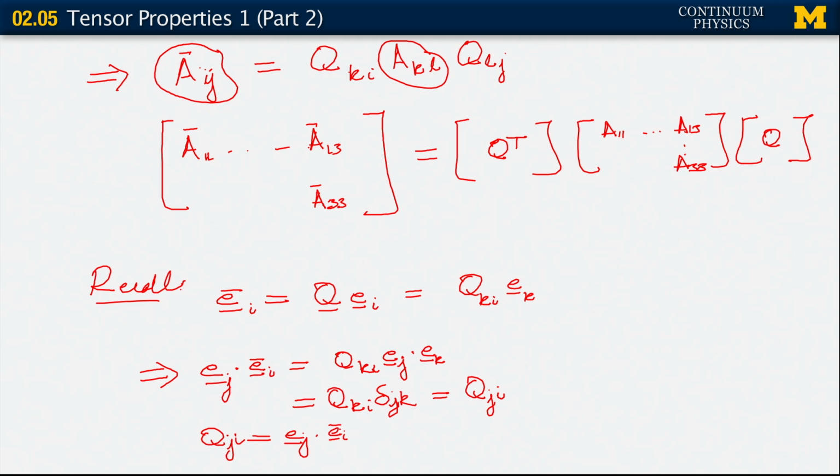What it tells us is that the components of the Q matrix, if you like, are obtained by forming this sort of dot product.